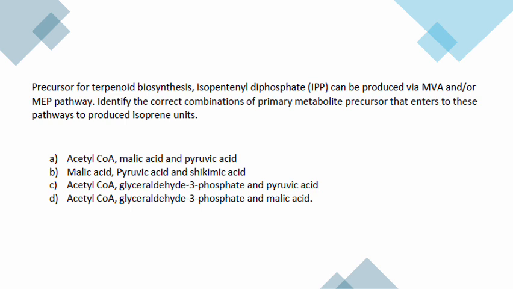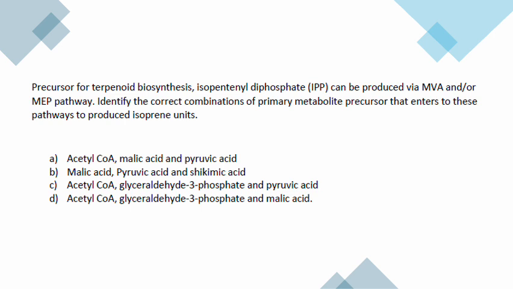Acetyl CoA plus acetyl CoA will give you acetoacetyl CoA. Then after a number of steps it forms mevalonate, and finally it will form isopentenyl diphosphate. I'll show the image. This happens in the cytosol.